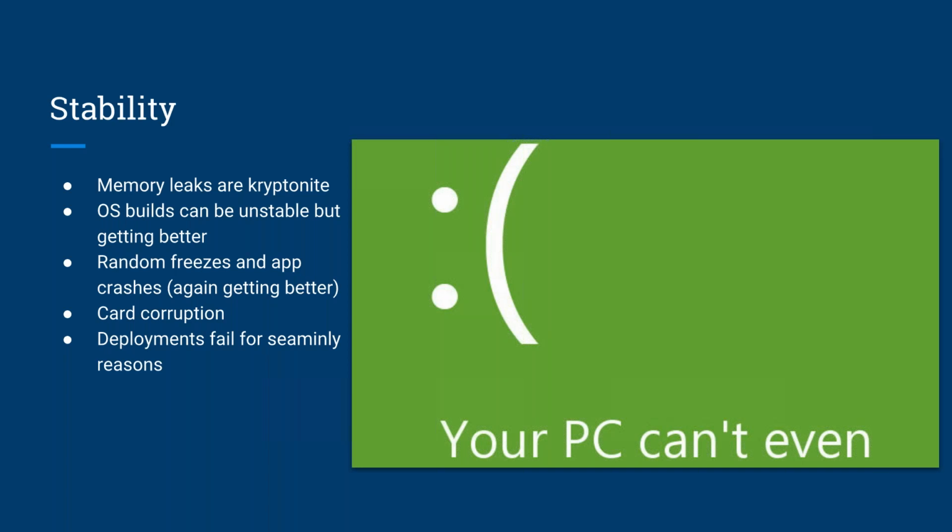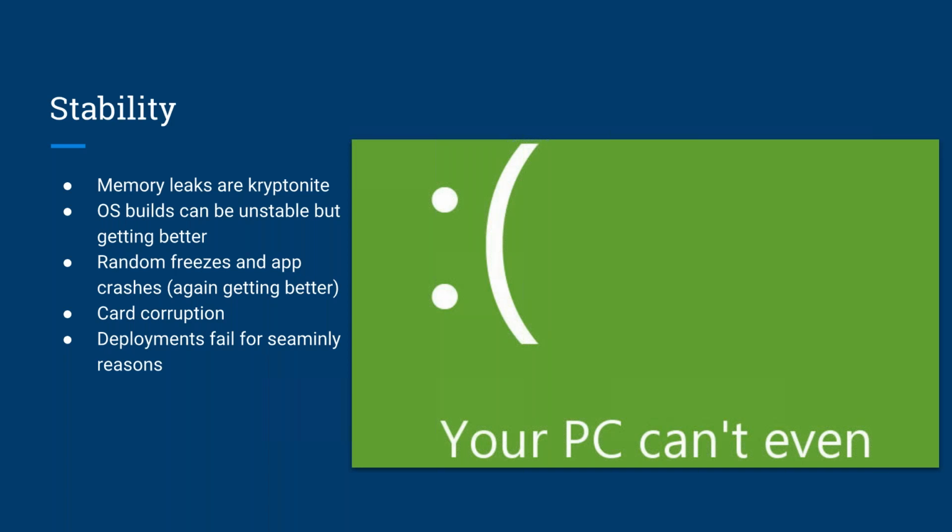So you can end up with random freezes of the application, random crashes. I have occasionally run into card corruption. It's a thing with running Raspberry Pi, no matter what OS you're using, you can end up with a corrupt card or a corrupt image, I should say.